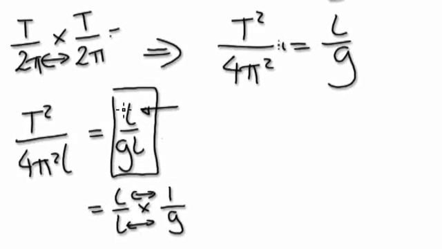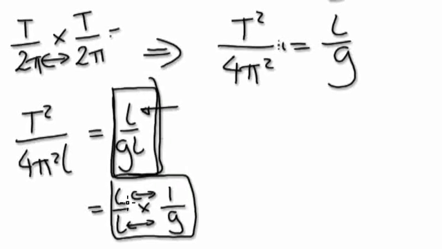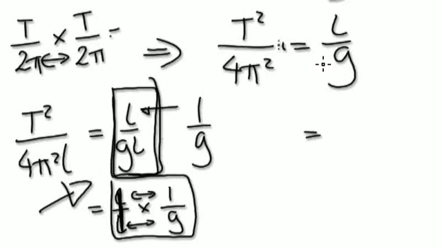My point is that this thing here will become this. But L over L, anything divided by the same thing, just becomes 1. So this whole thing here becomes 1 over G. So when you're up here, if you divide both sides by L, on the right hand side you will get 1 over G, not G. I know this bit's really weird, but a lot of people make this mistake.